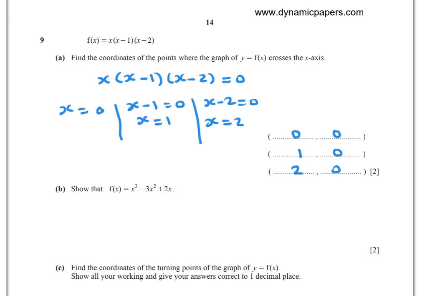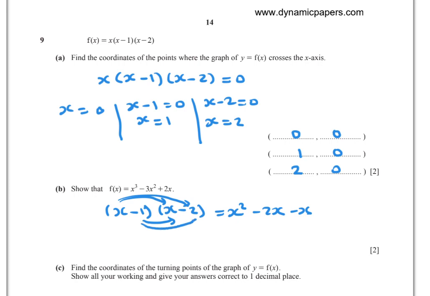B. Show that f(x) equals x^3 minus 3x^2 plus 2x, so multiply them. You can start by multiplying (x minus 1) times (x minus 2): x times x is x squared, x times negative 2 is negative 2x, negative 1 times x is negative x, negative 1 times negative 2 is positive 2.